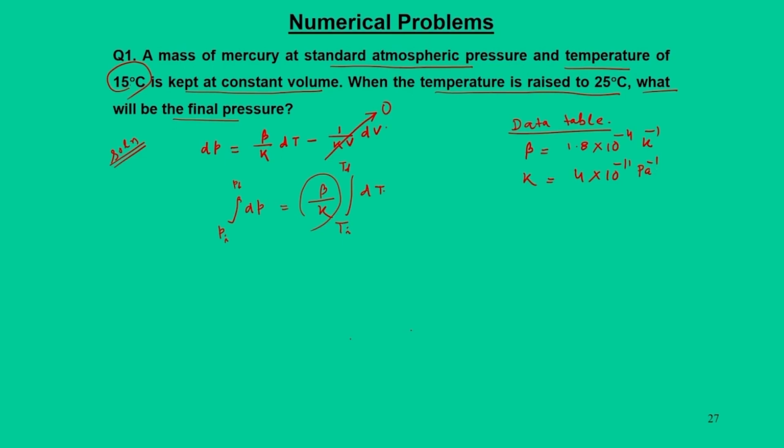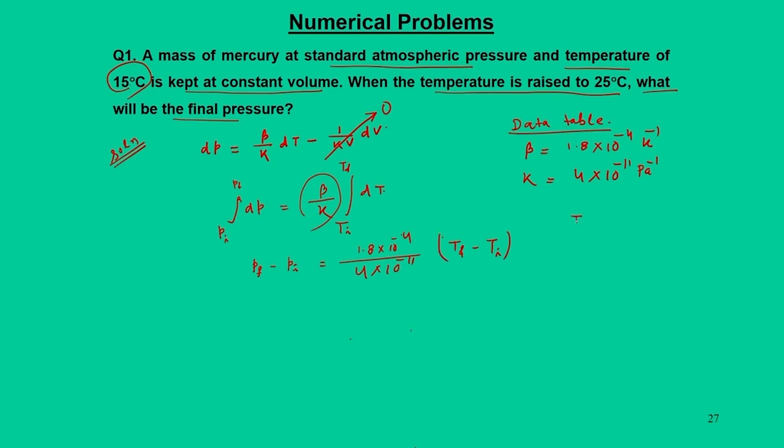So, from this we can write Pf − Pi equals 1.8 × 10^-4 divided by 4 × 10^-11, times (Tf − Ti).